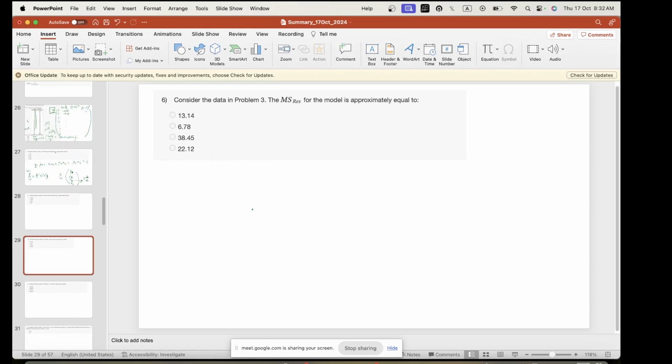Here, MS residual for the model is approximately equal to how much? So SS residual, we know how to calculate. That is y prime y minus beta prime hat x prime y. Correct me if I am wrong.